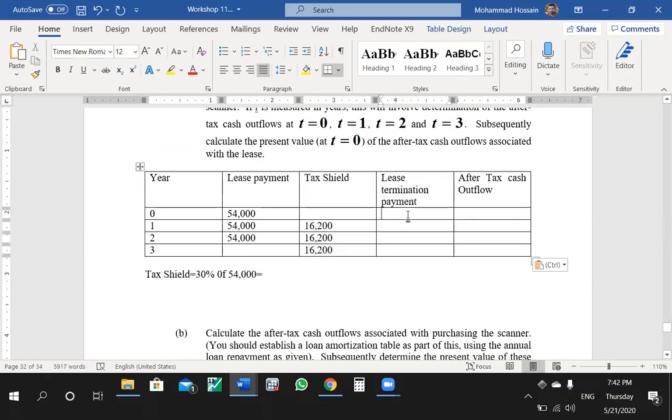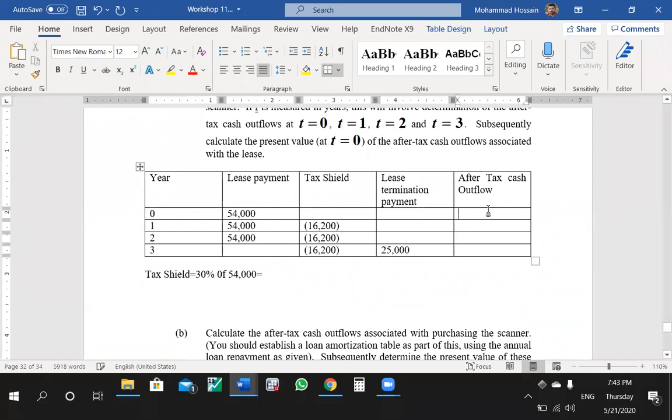Okay. Lease termination payment. After 3 years we can pay $25,000 and buy the machine. Lease termination is not an outflow, it is actually a benefit, an inflow. All right, lease termination payment is there.